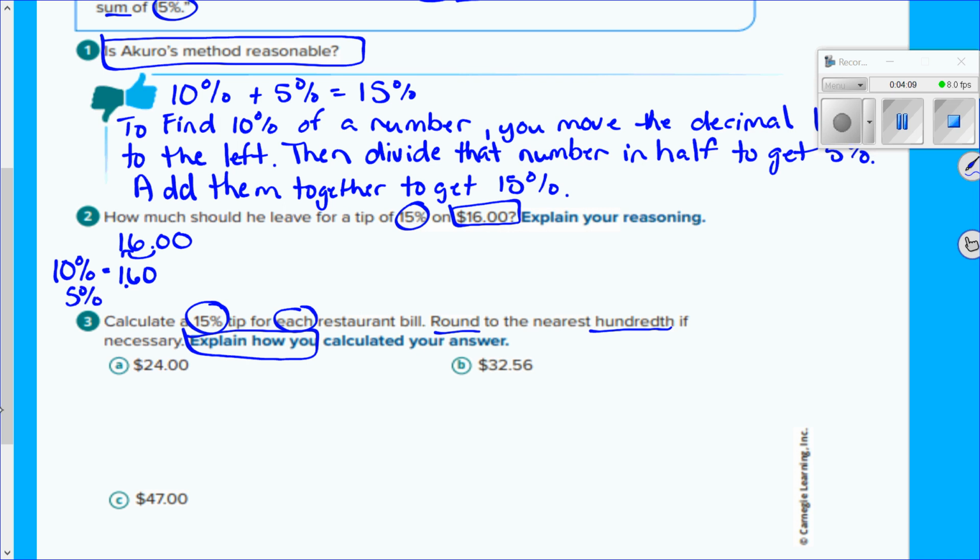So how do I find 5% of that number? I'm going to divide it by 2, because if this is 10% divided by 2, this is 5%, and what is that answer? What is 160 divided by 2? 80. And then I add them together, and I get $2.40.